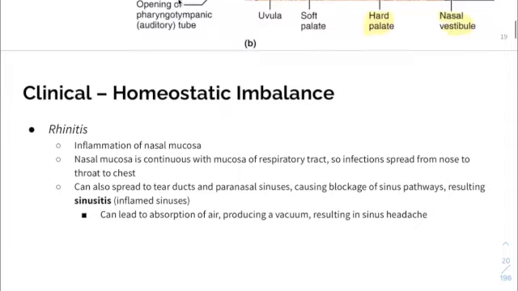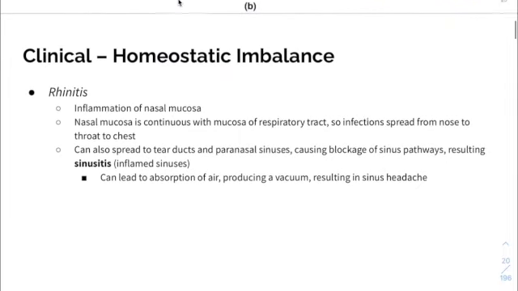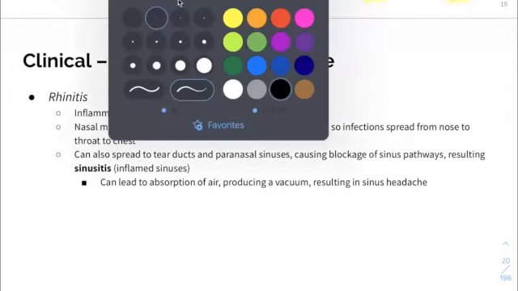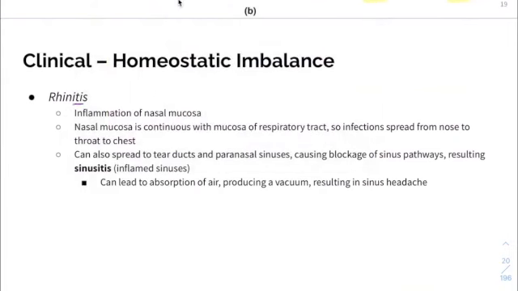Rhinitis. We see itis, itis is going to mean an inflammation. So rhinitis, we have inflammation of that nasal mucosa.